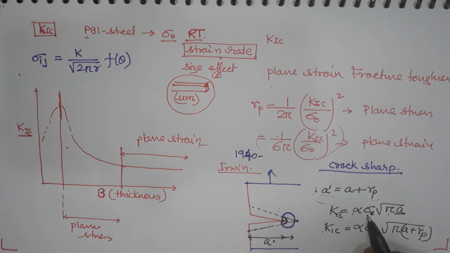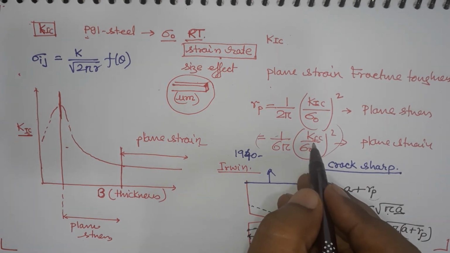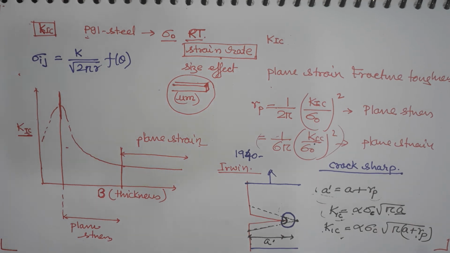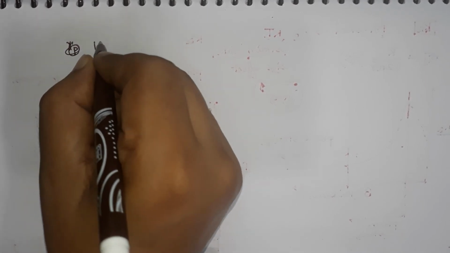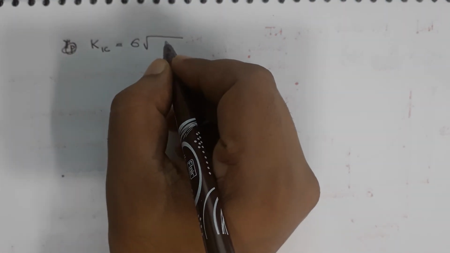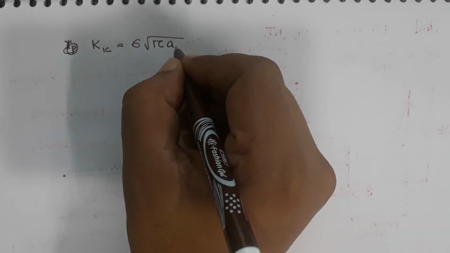So, from this you get the value of K1C, you put this here, and this Rp you again calculate from K1C. So, let me go to the next page to explain this. Let us say that first we calculated K1C from sigma root over pi a, which is the initial value.